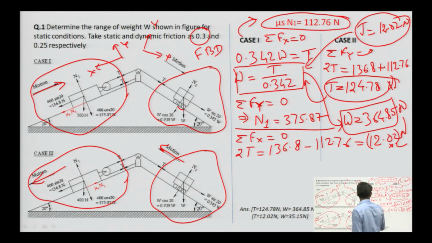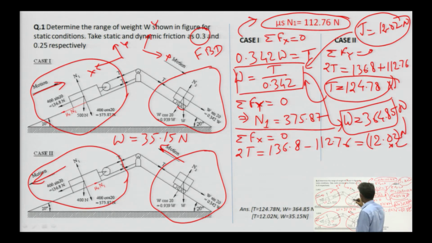we will get the value of W, and the value of W for this case is 35.15 Newton. And what was the value for case 1?